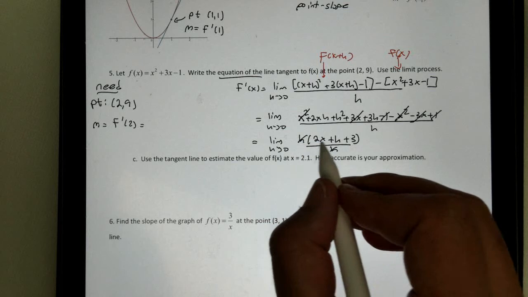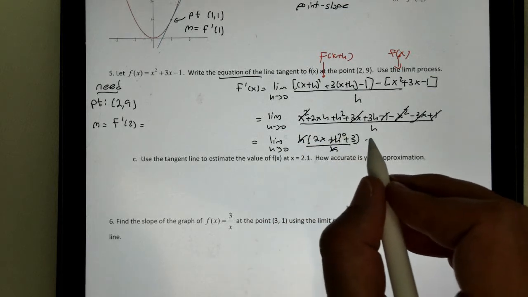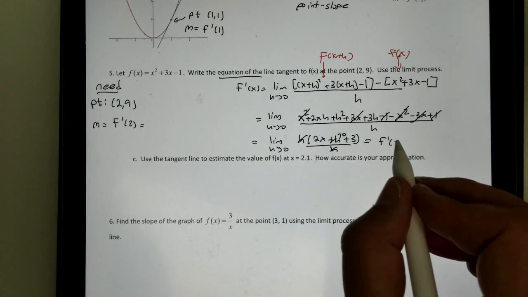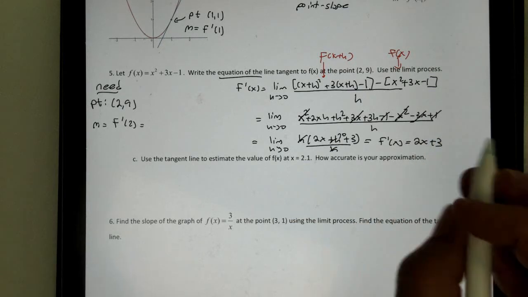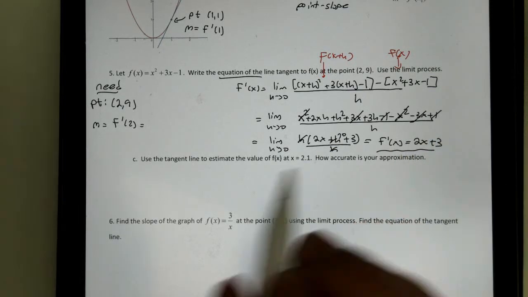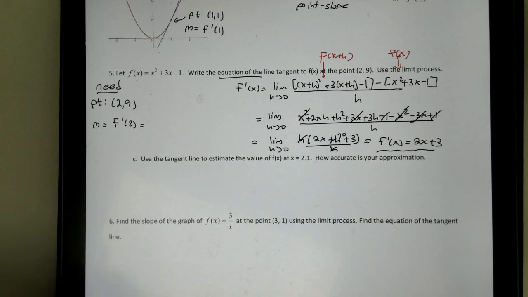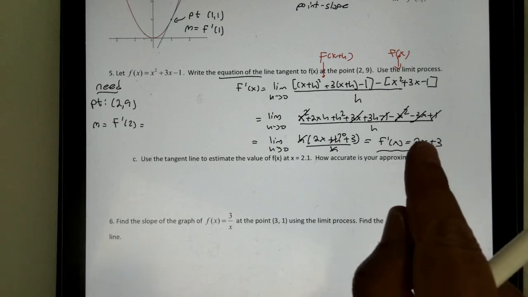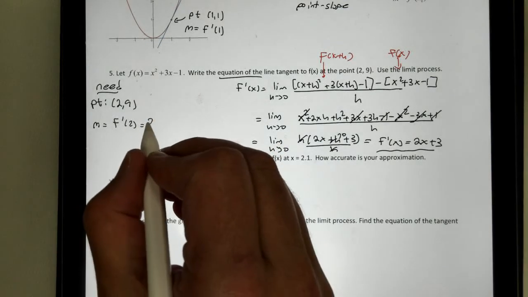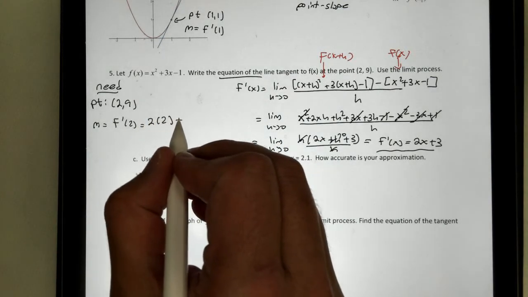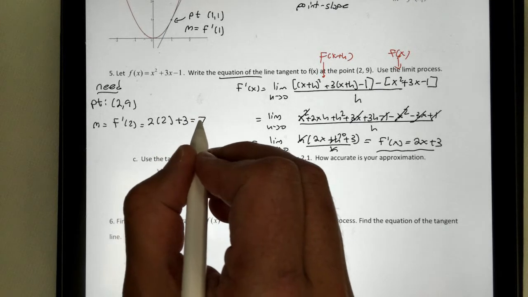The h's cancel. We let this go to 0, and we're left with a derivative of 2x plus 3. So there's my derivative right there. So as we saw in the last examples, once I know the derivative, now I can go find my slope. Well, that's just going to become 2 times 2 plus 3, which is 7.